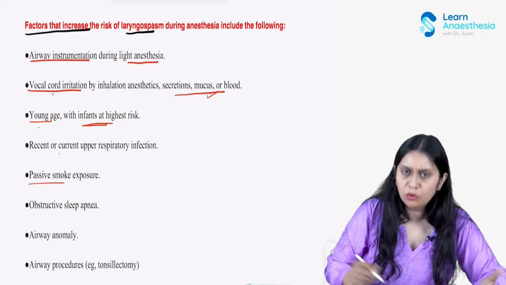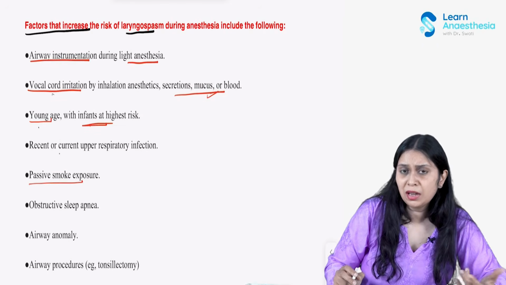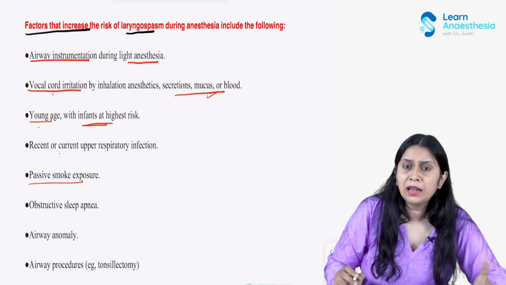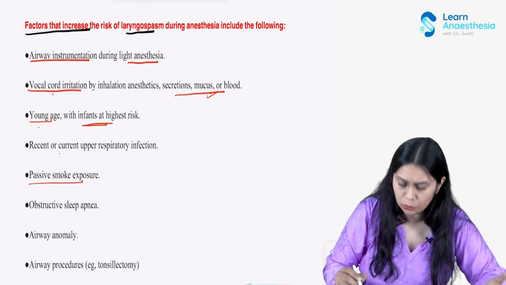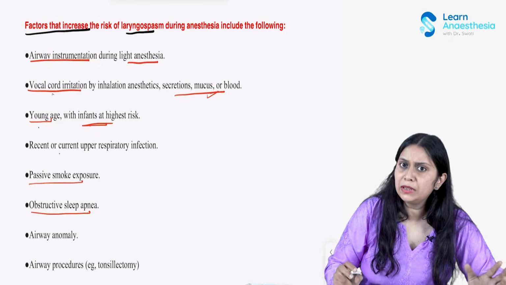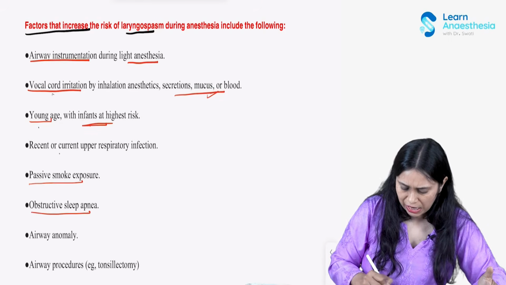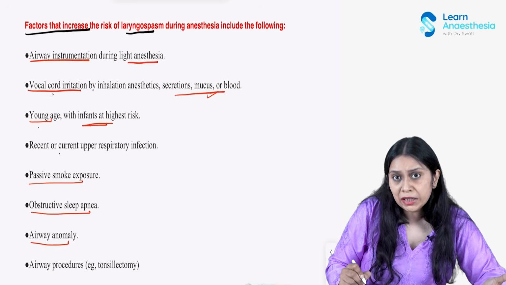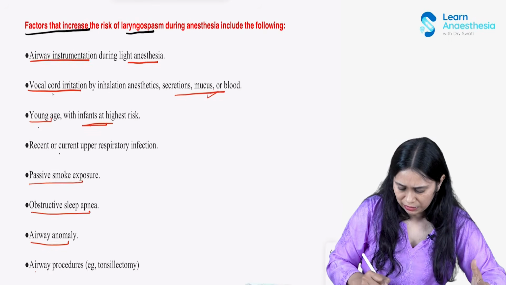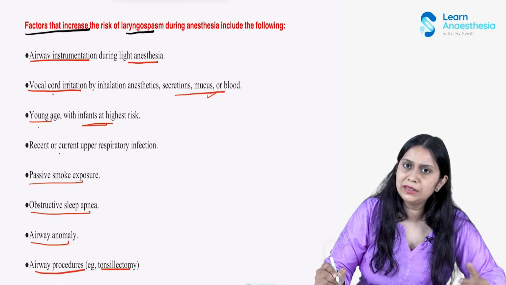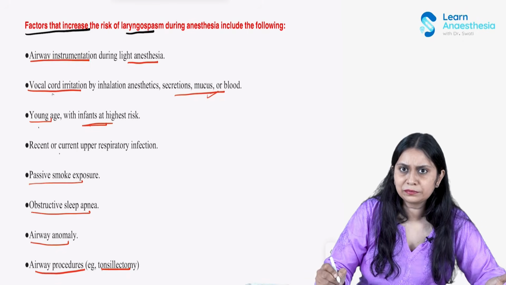Then passive smoke exposure, where one of the parents is a smoker and the patient has passive exposure to the smoke. Then obstructive sleep apnea, if it is associated in the patient. Airway anomaly increases the risk of laryngospasm, and so does the type of surgery, that is, airway procedures like tonsillectomy. These increase the risk of laryngospasm.